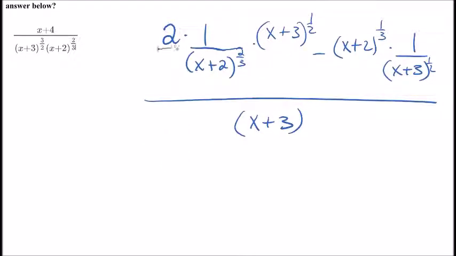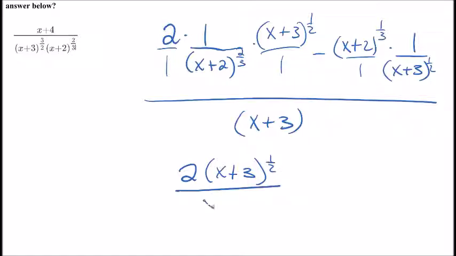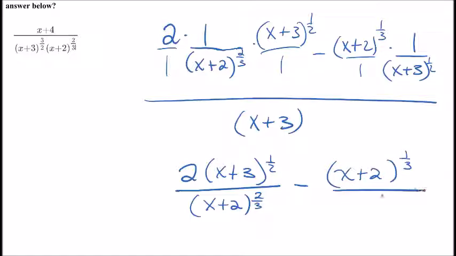If I think about multiplying all these out, it might be easier to put them all over 1 if they don't have a denominator. So we just multiply our numerators across. So this would be 2 times x plus 3 to the 1/2 over x plus 2 to the 2/3, minus x plus 2 to the 1/3 over x plus 3 to the 1/2.